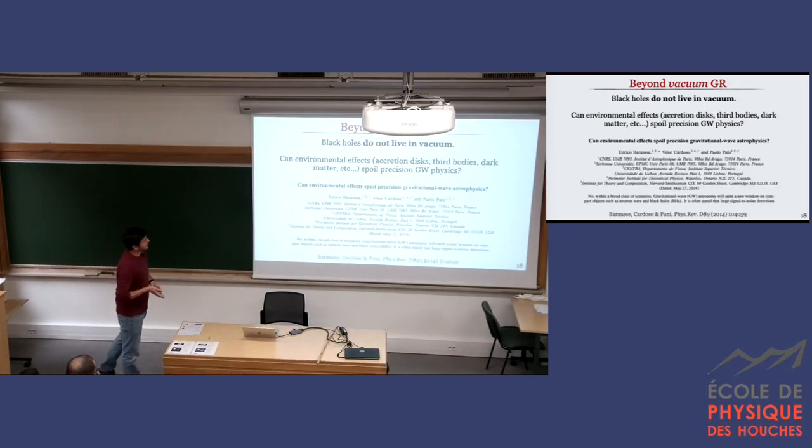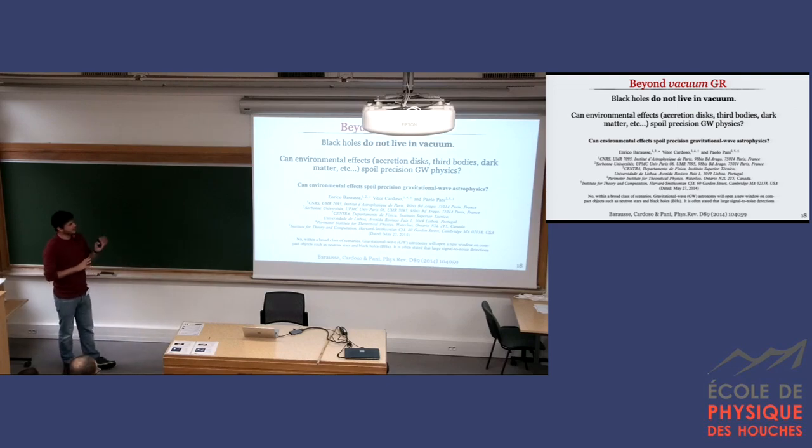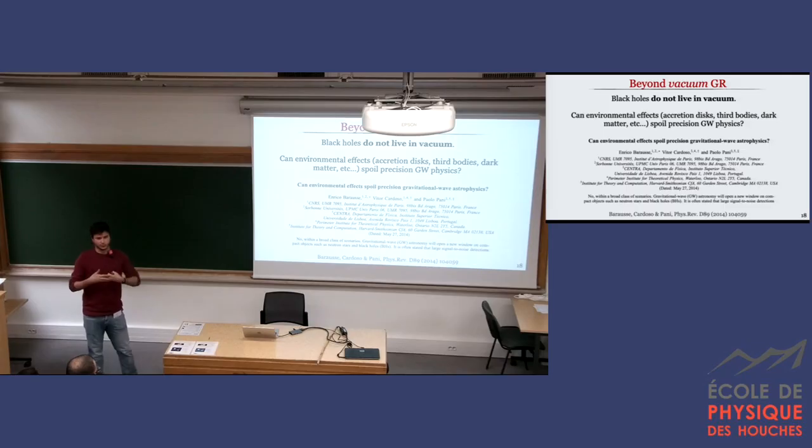So there was a very influential paper 11 years ago. If you're interested in the topic, I think that's the best introduction paper on the subject. It's a very long paper that goes through a lot of environmental effects. The paper is called Can Environmental Effects Spoil Precision Gravitational Physics, Astrophysics in this case.